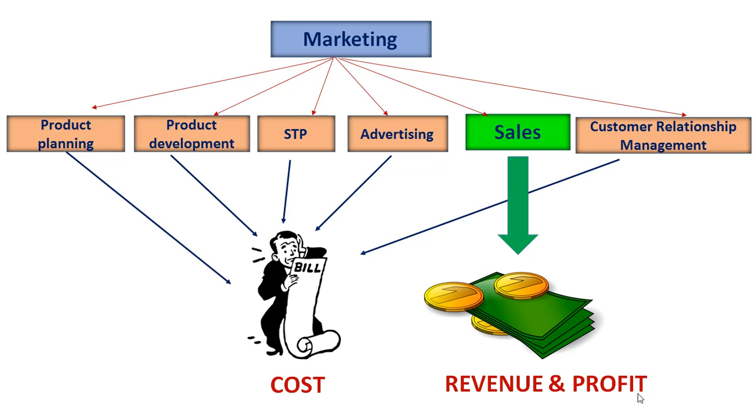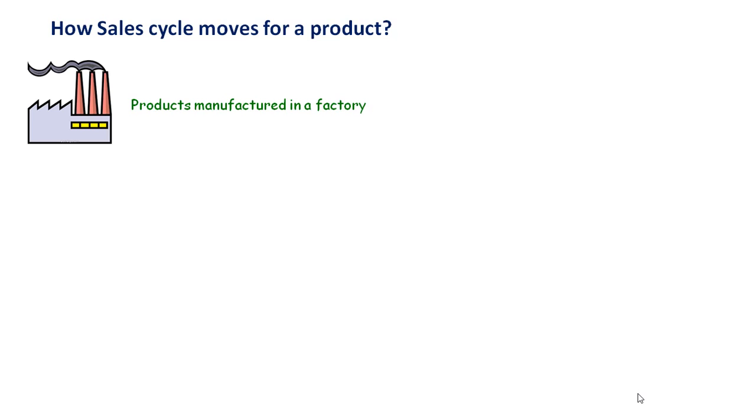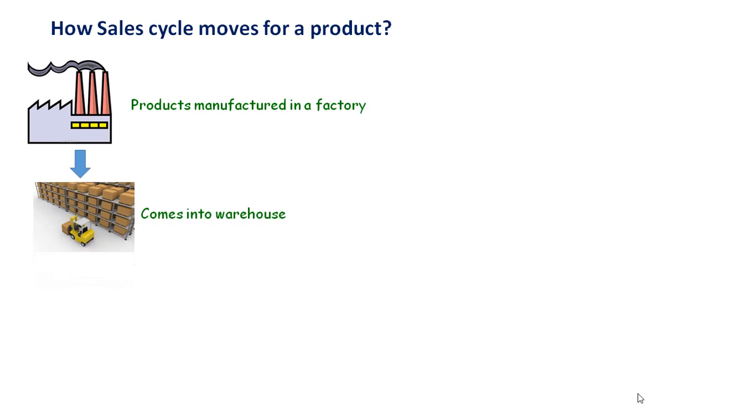Now we need to understand how the sales cycle of an organization moves and at which point of the sales cycle the company starts making revenue and profit. Let's take a very common example. A product is manufactured in a factory and then moved into a warehouse. A warehouse is a company-owned or company-hired godown where the company puts its stock for easy distribution to channel partners or distributors.